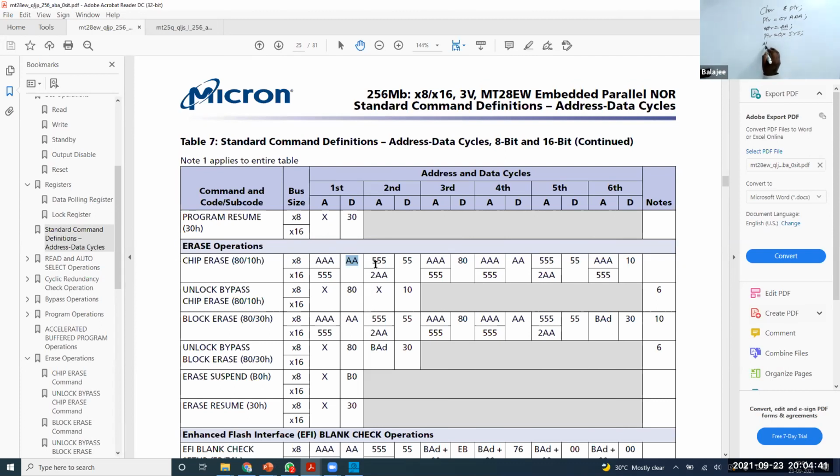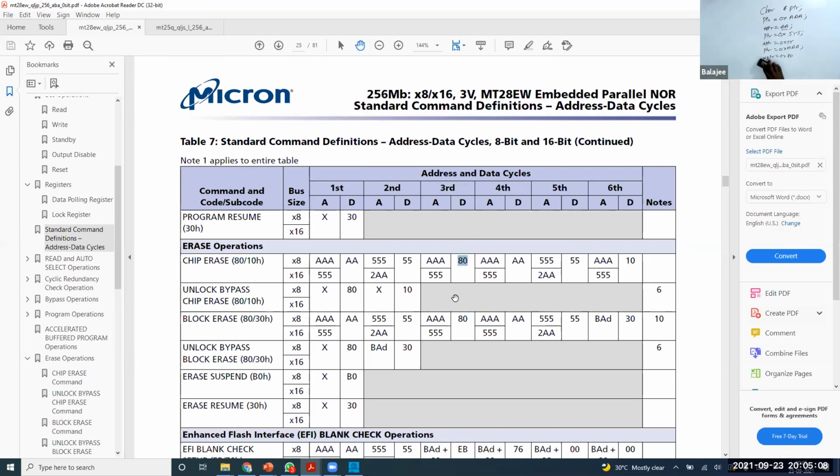Then I put star PTR equal to 0x55. I follow his pattern. Then on the third address I write PTR equal to 0xAAA and star PTR equal to 0x80, because he has given this 80. Understand?